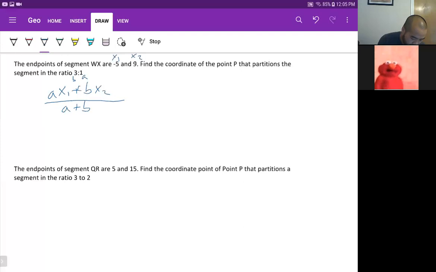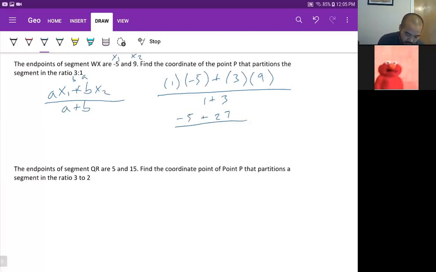So let's see, a is 1, x1 is -5, plus b is 3, x2 is 9, divided by 1 plus 3. That'll be -5 plus 27 divided by 4.